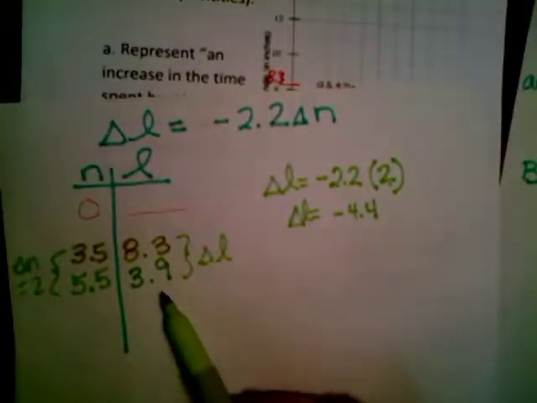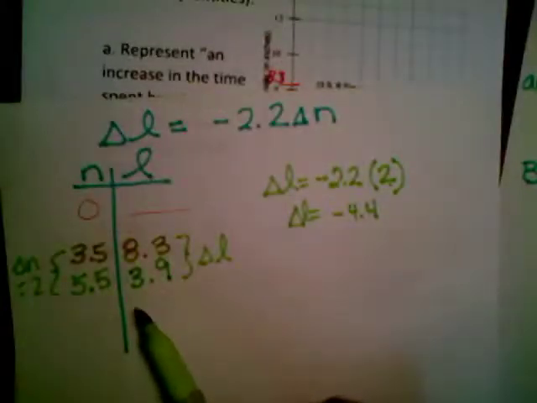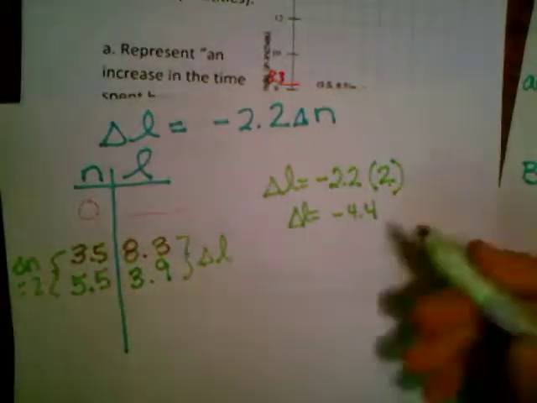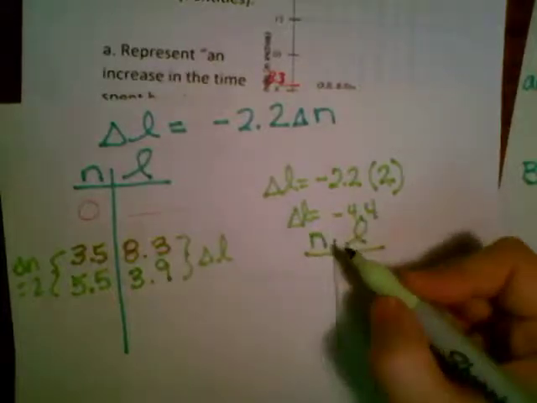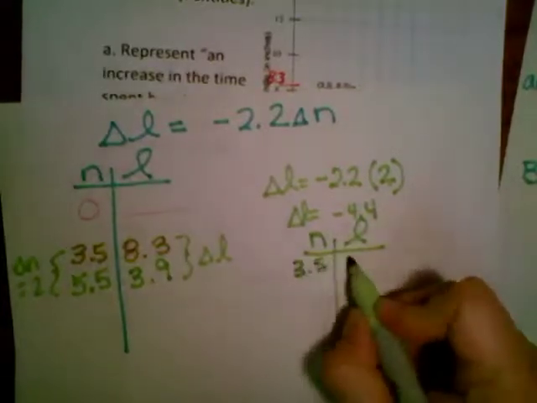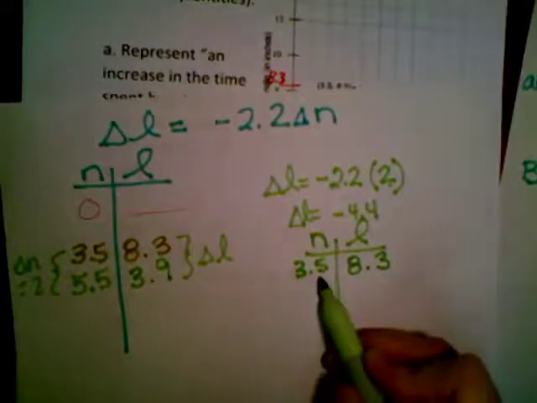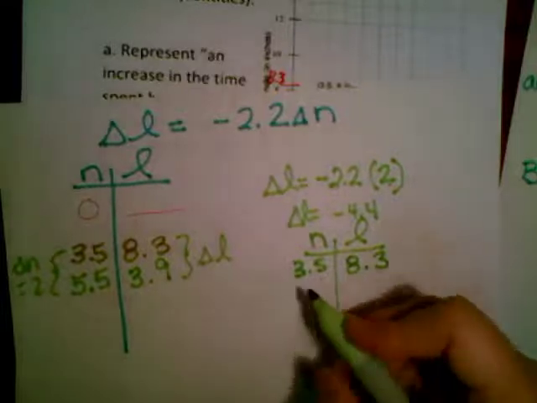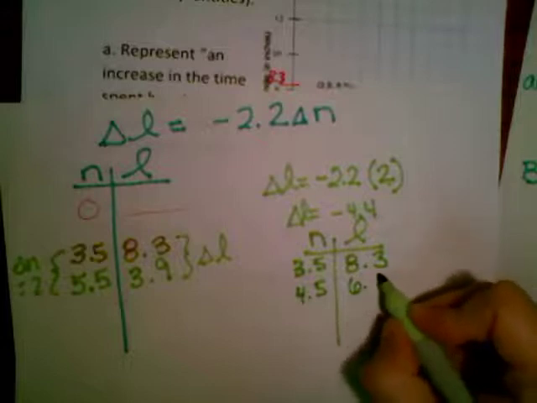Okay, this might be a place you want to pause the video and think, how did we arrive at 3.9? And just as a follow-up, going back to our original data point, at 3.5 hours past the time the candle was lit, if the candle was 8.3 inches, then if we add 1 more hour, according to the given, we would subtract 2.2 inches.